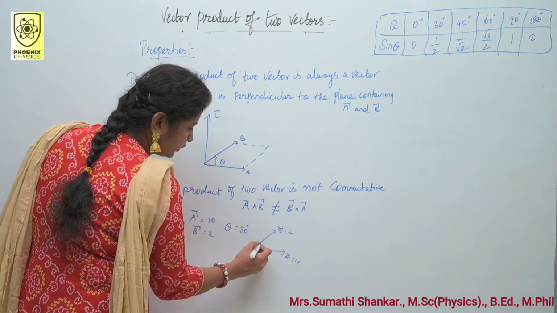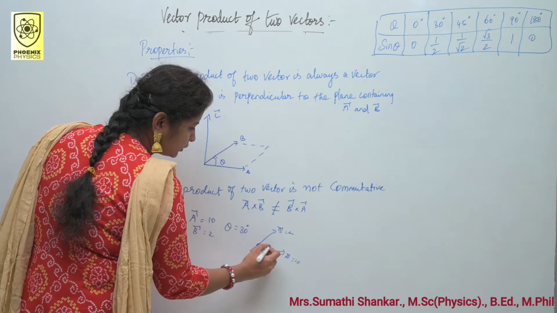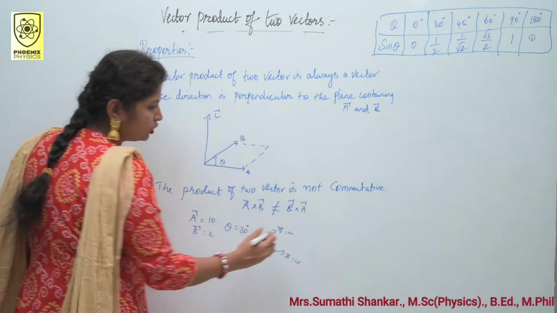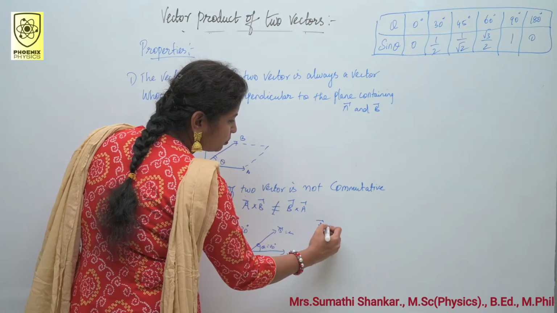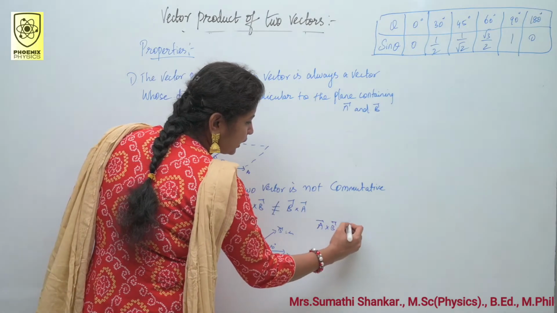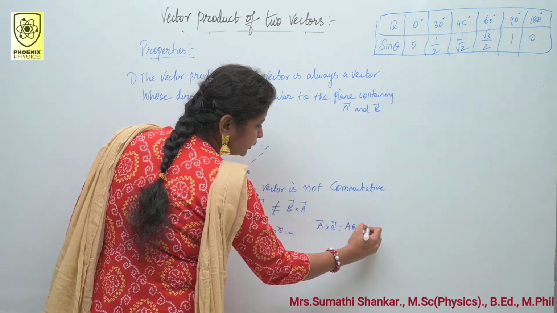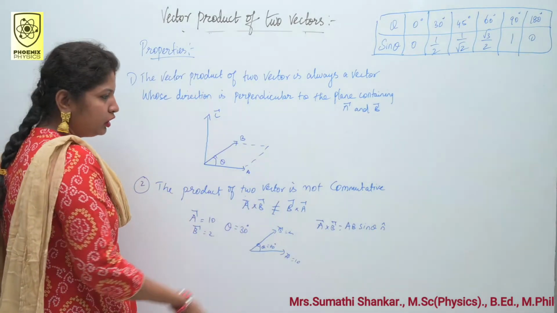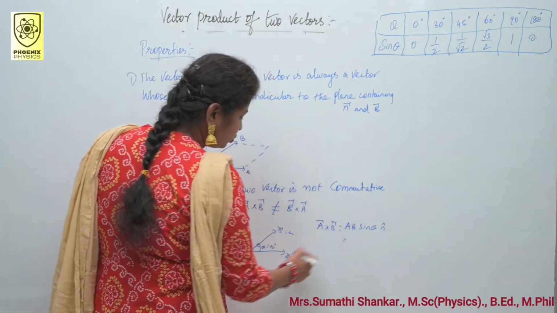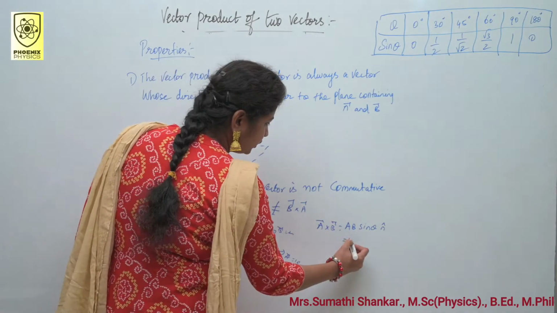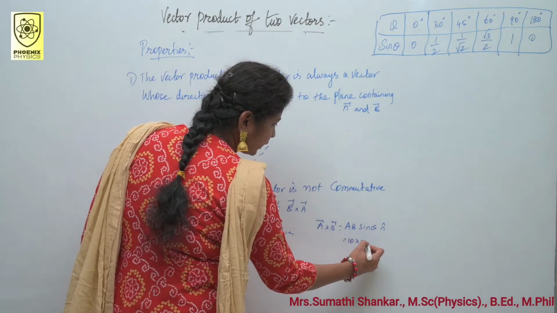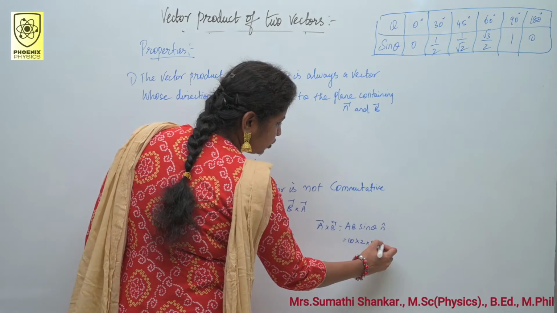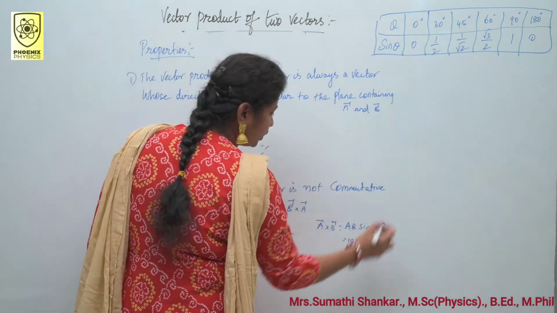It makes an angle theta, that is 30 degrees. You know the formula, A cross B is equal to AB sin theta n cap. Okay, n cap is nothing but the unit vector. So substitute the values. A is 10, B is 2, sine 30 degrees. What is the value? Sine 30 is 1 by 2.